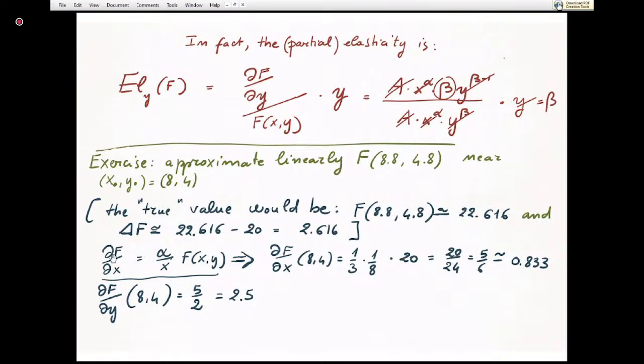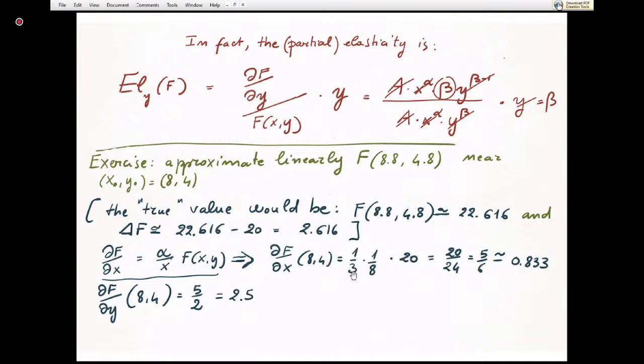The partial derivative with respect to x at the initial point, I use this alternative formula just to review what we already know. I compute this as alpha divided by x times the initial level of the output. So the initial level of the output was 20. Remember this formula explained before?